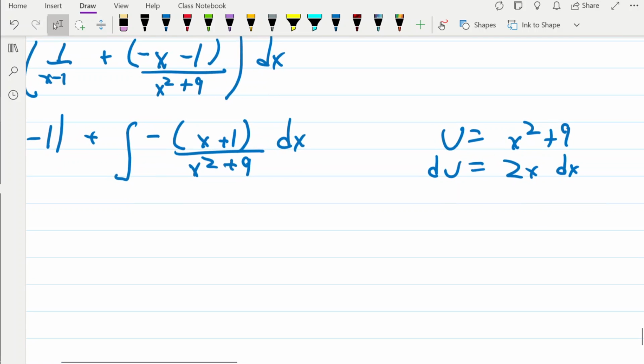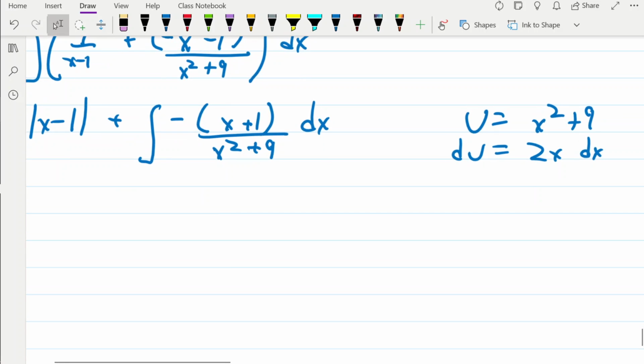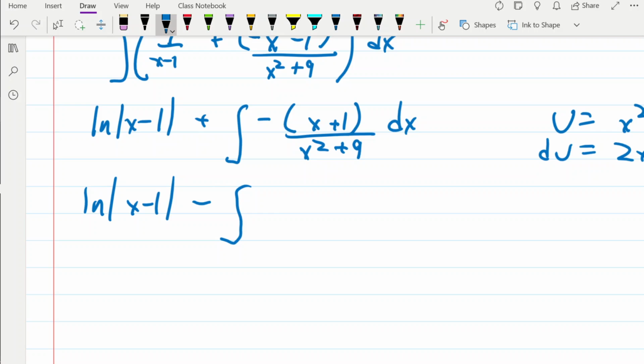Let's split the numerator into two. Oh, you mean like splitting, creating a square type thing? Okay, I see what you mean.